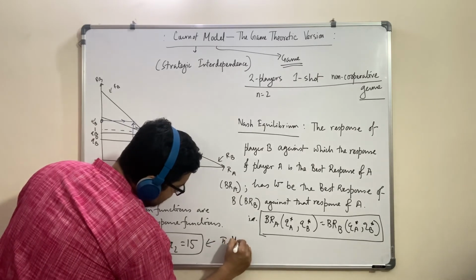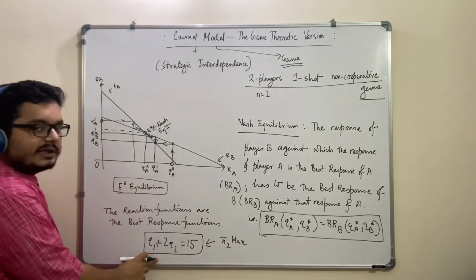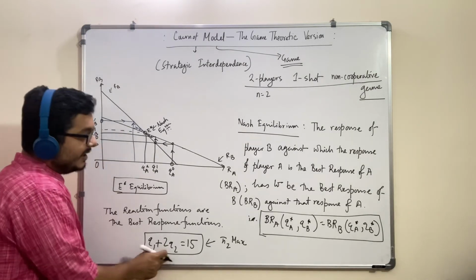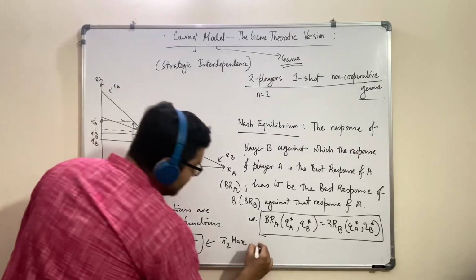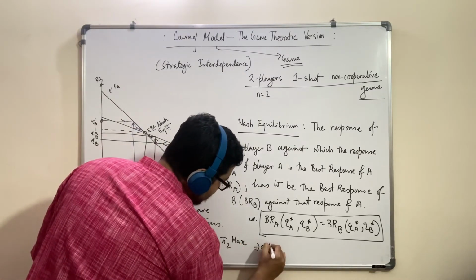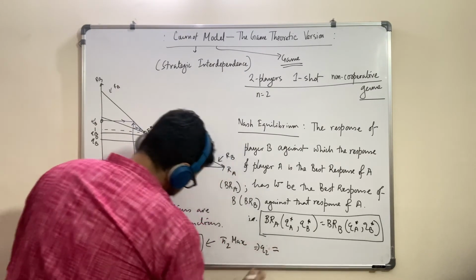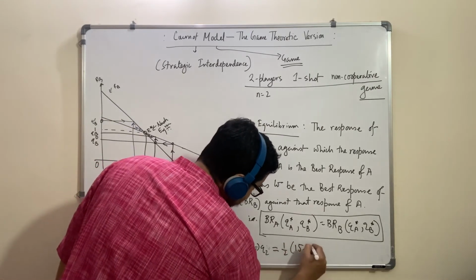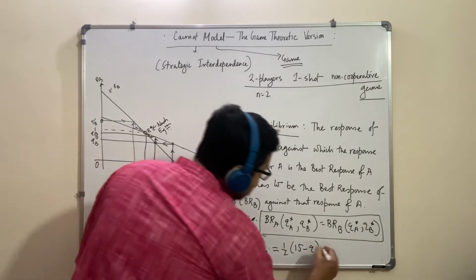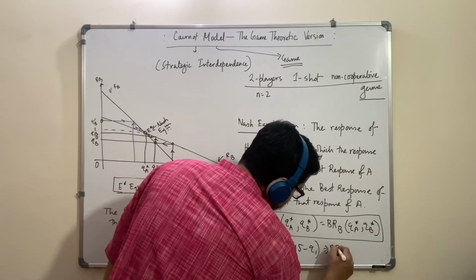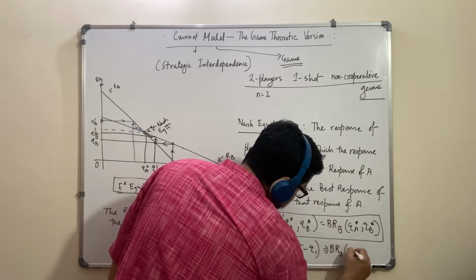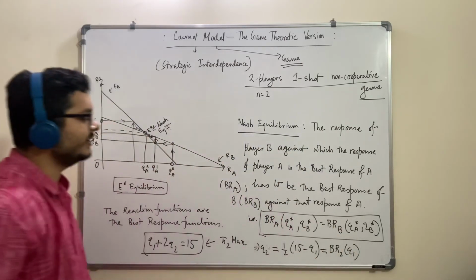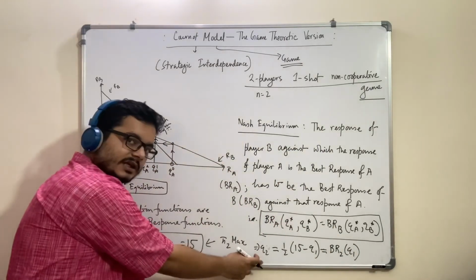So pi 2 maximization. So what we are looking at is the best response of firm 2. That means if I write it in this way, Q2 equal to half of 15 minus Q1, then this is the best response of firm 2 against Q1. Okay, so this is how we are interpreting it.